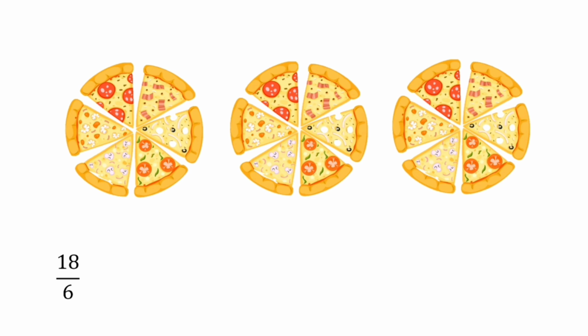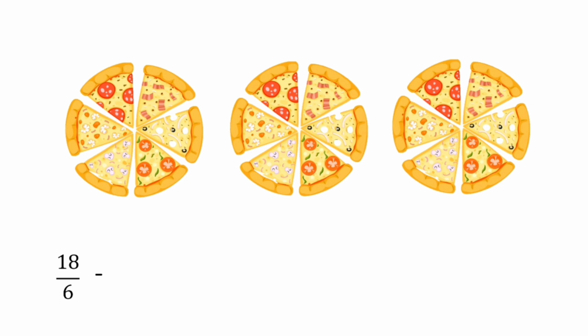Now, we want to know after he had given his 12 friends 1 slice and he had taken 2 slices for himself, how many slices of pizza were taken from the 3 whole pizzas. So here's a subtraction sign because we want to know how many slices were taken from those 18 slices. 18/6.